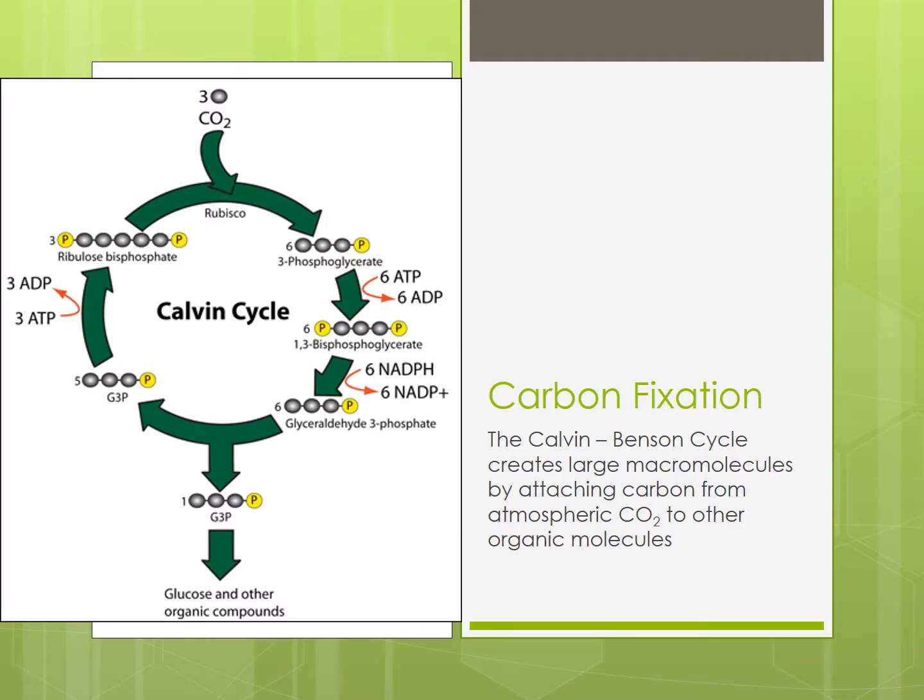There are three steps to the Calvin-Benson cycle. I'll write them down for you. 1, carbon fixation. 2 is known as reduction, or you might call it carbohydrate production.